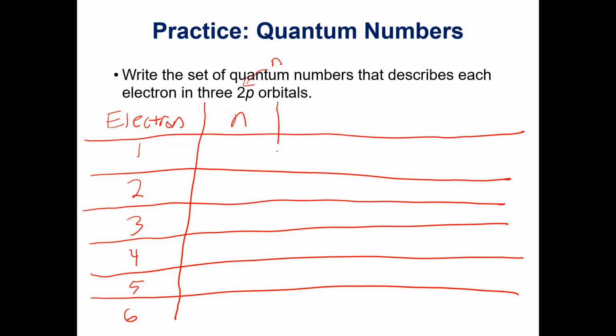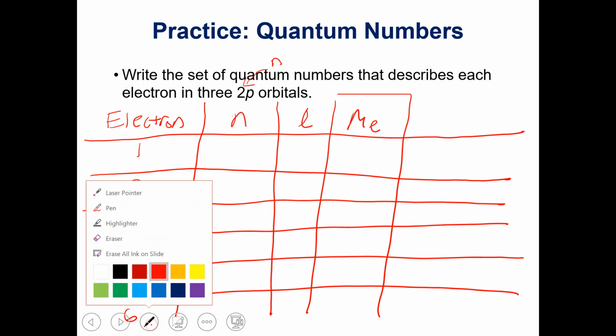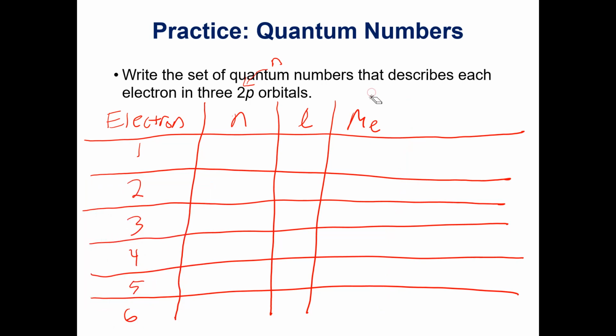We want to write the set of quantum numbers, so we want all 4 quantum numbers. If we're in the 2p orbital, that means n equals 2 for all of these electrons.